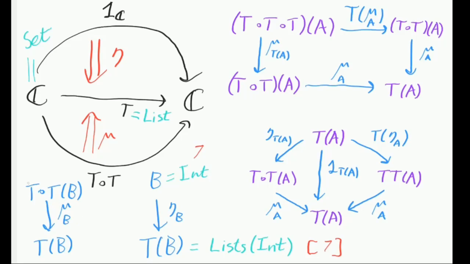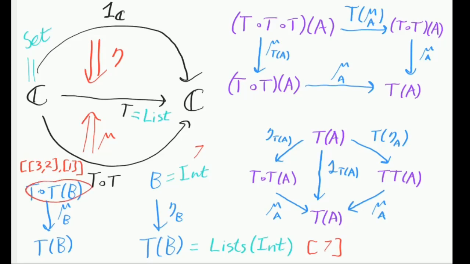Well, it's going to take, in our case, a list of lists of integers. So for example, we might have this one, 3, 2, 1. So you see we have a big list, but inside it we have these other lists. So this is a list of lists. So T is this list functor and B is integers.